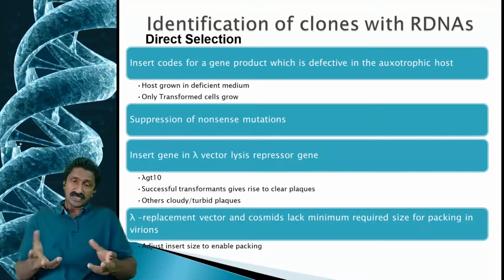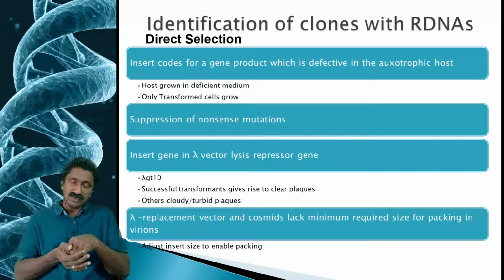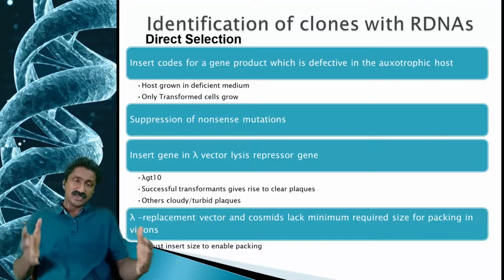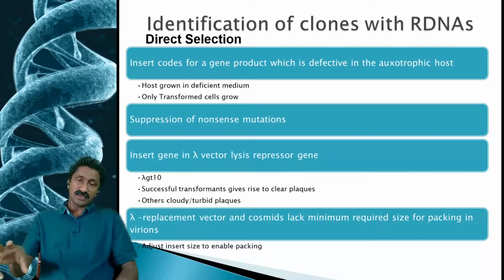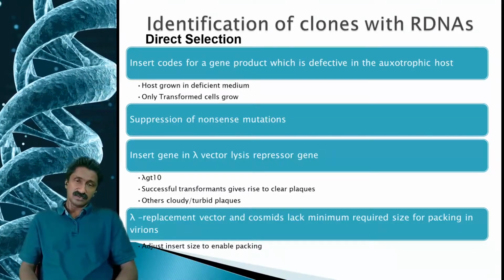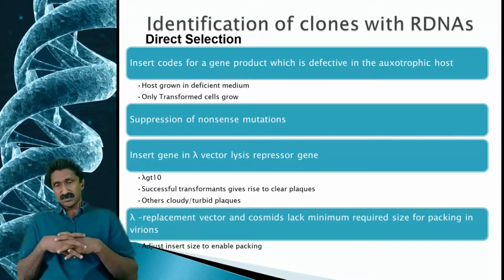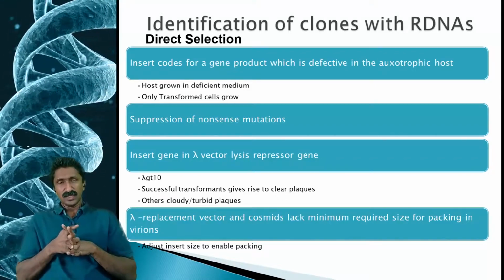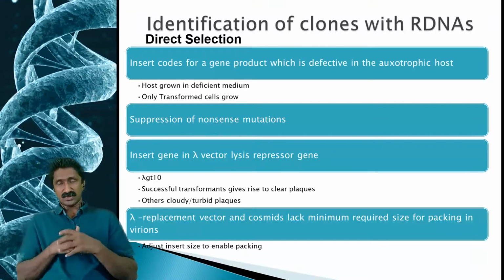So if you place a 20 kb insert within the 10 kb lambda replacement vector, it constitutes the total required size of 30 kb, and then it can be packed. Only then can it be applied for a successful transformation or subsequent cloning process. So this is how a lambda replacement vector can be successfully used for cloning of your target or desired DNA.